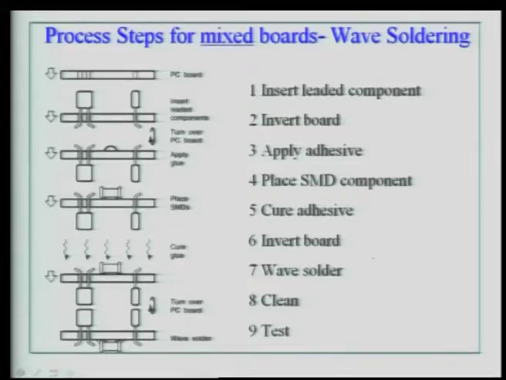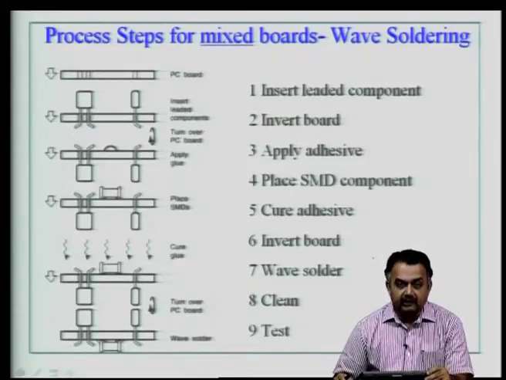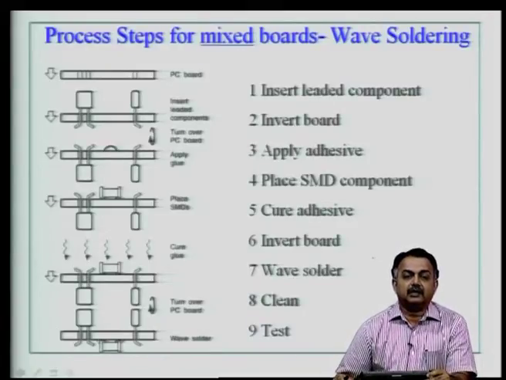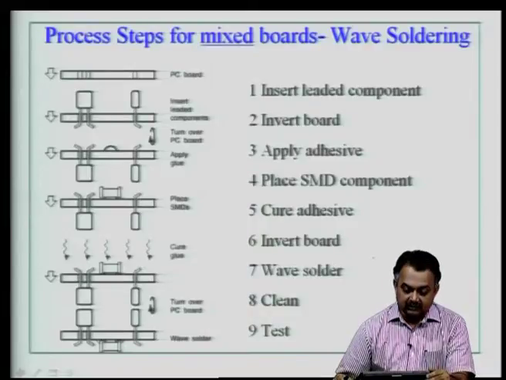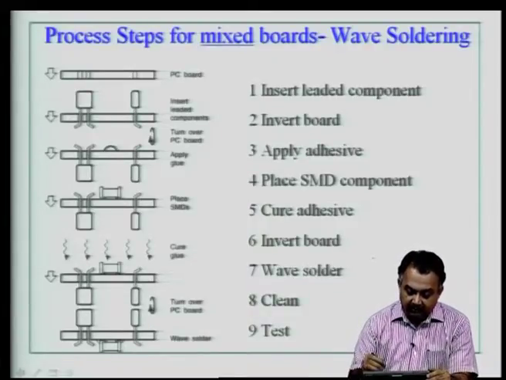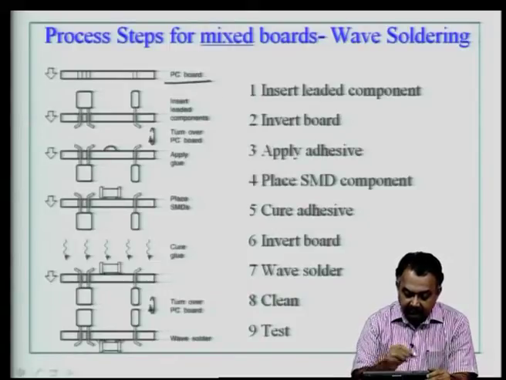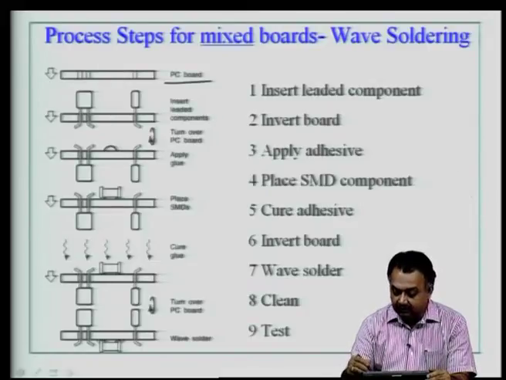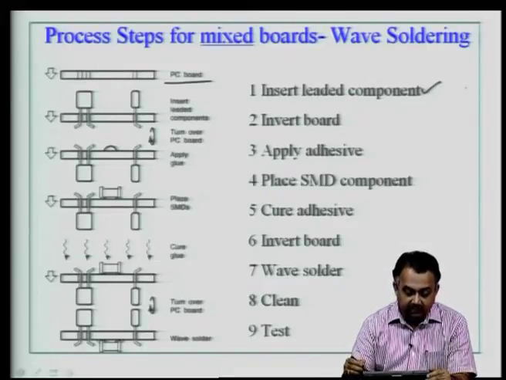Now, what are the process steps for mixed boards? When I say mixed boards, I mean plated through hole type components as well as surface mount devices using wave soldering. The first thing is that you have your PC board, that is your printed circuit board, ready. Now, you insert the leaded components into the through holes of the board.